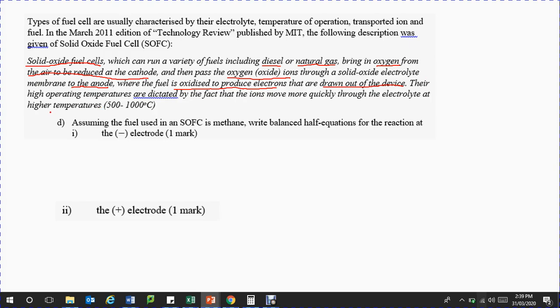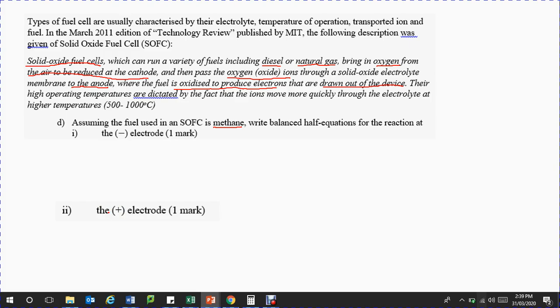Their high operating temperatures are dictated by the fact that the ions move more quickly through the electrolyte at higher temperatures. So assuming the fuel used in the standard solid oxide fuel cell is methane, write balanced half equations for the reaction at the negative electrode. That's my anode. Actually, I'll do the positive electrode first.